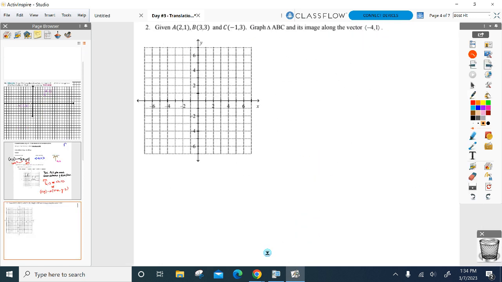All right, let's do a translation of an actual triangle. We reflected triangles the last 2 days. Let's translate one. 2, 1. 3, 3. And negative 1, 3.